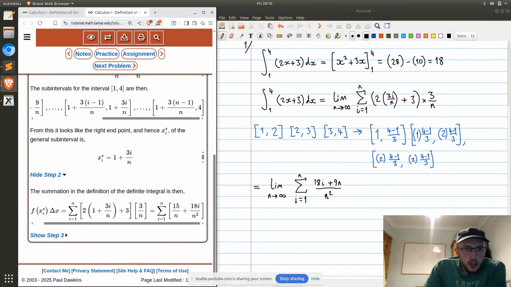Okay, so what's actually wrong here? What's wrong is the right endpoint.